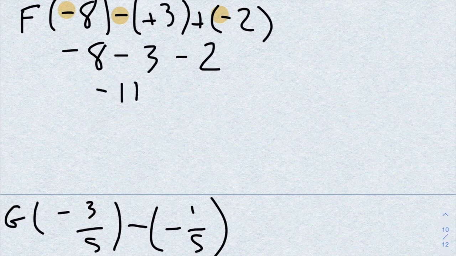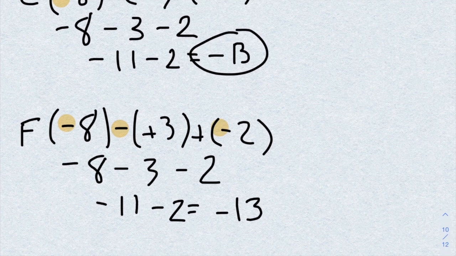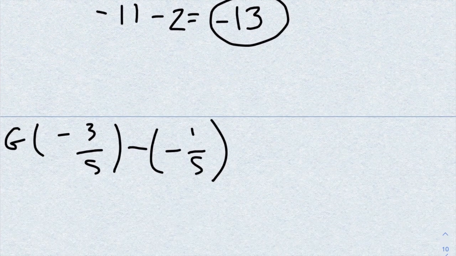Negative 11 minus 2 gives me negative 13. It's very similar to what's up here. I just have my minuses and my pluses in different places. Remember, your minuses are stronger than your pluses unless there's two minuses together and then you get a plus.